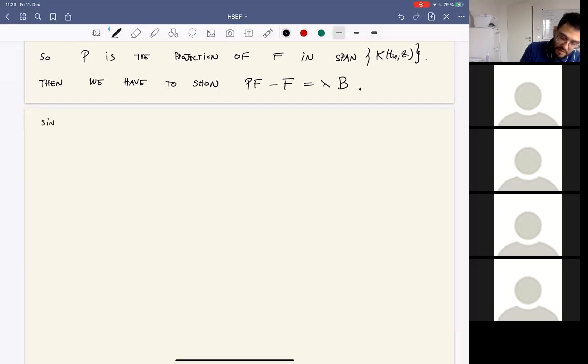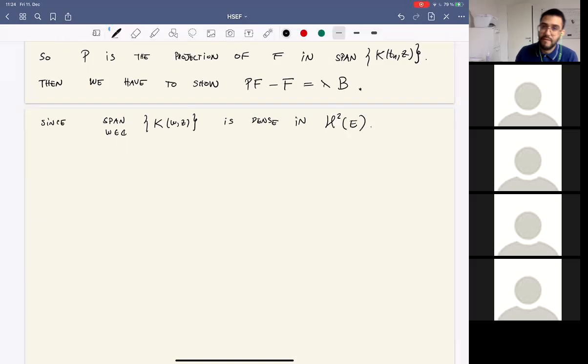Since the span over all w's in the complex plane of these functions K_w, so it's a function of z, if you take linear combinations of these functions, this is dense in H2 of E.